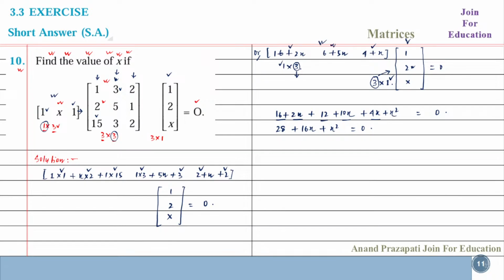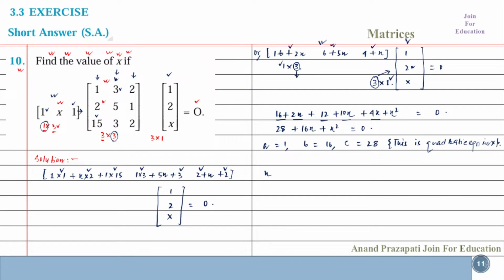So here a equal to 1, b equal to 16, and c equal to 28, because this is a quadratic equation in x.